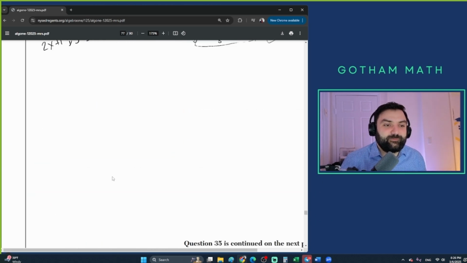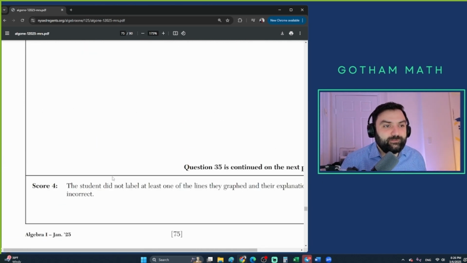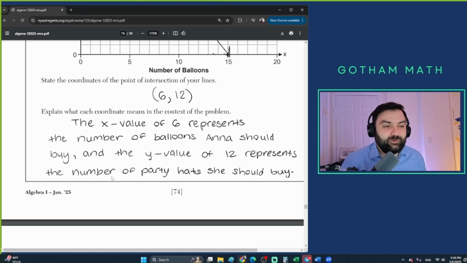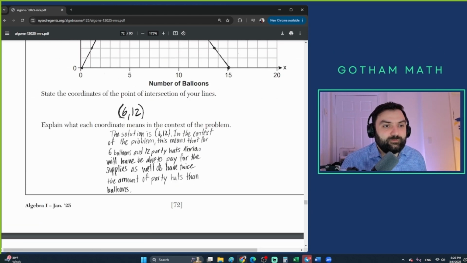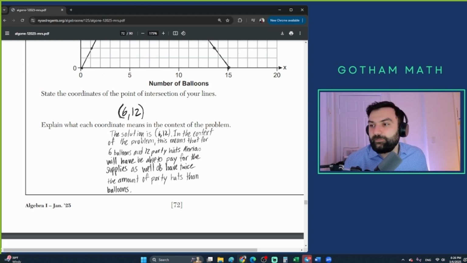I hoped it would be funny answers, but they're just wrong. That means that for 6 balloons and 12 party hats, Anna will be able to pay for the supplies as well as twice the amount of balloons. Okay, so I wouldn't phrase it like that, but this is also not that bad.